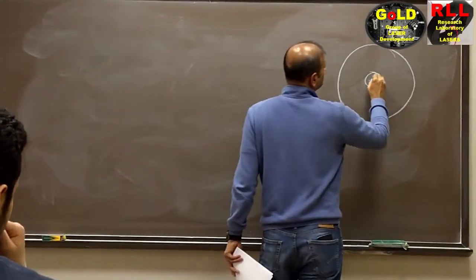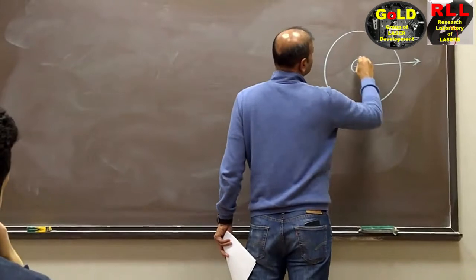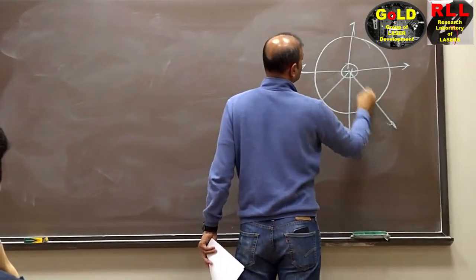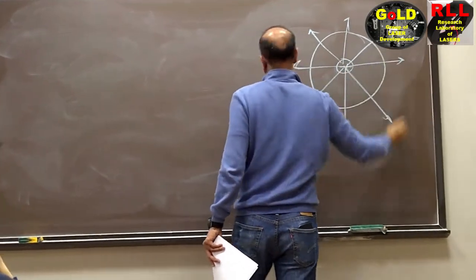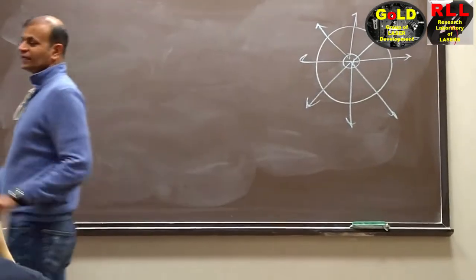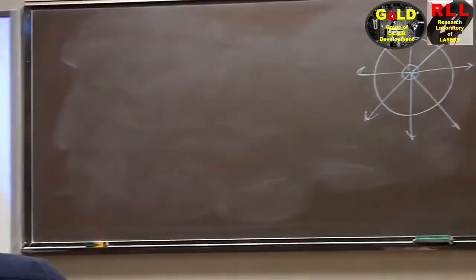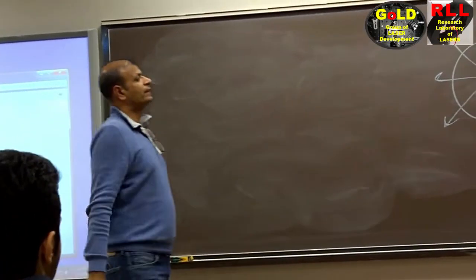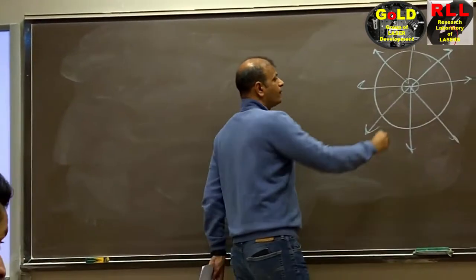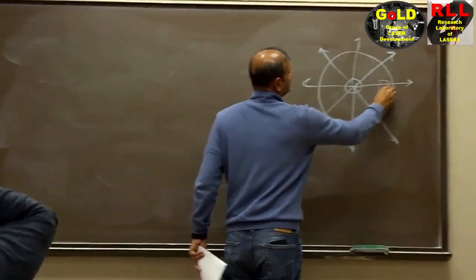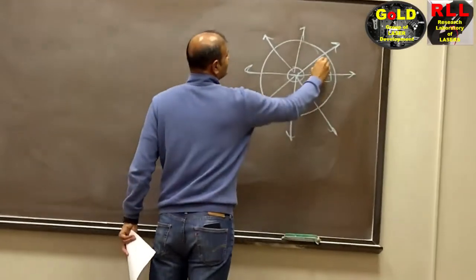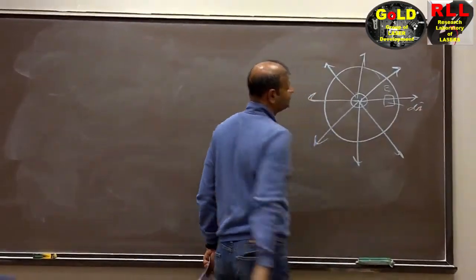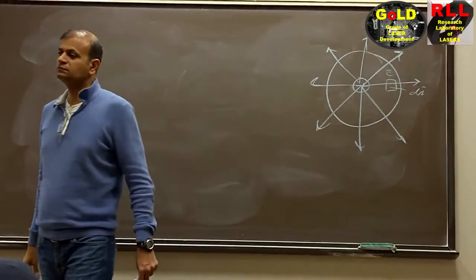So, the electric field going out, going out, going out. It's like a football, okay? And all the electric field is directed outward. We assume a small patch here, and this electric field is passing through, and the area is dA. Okay?